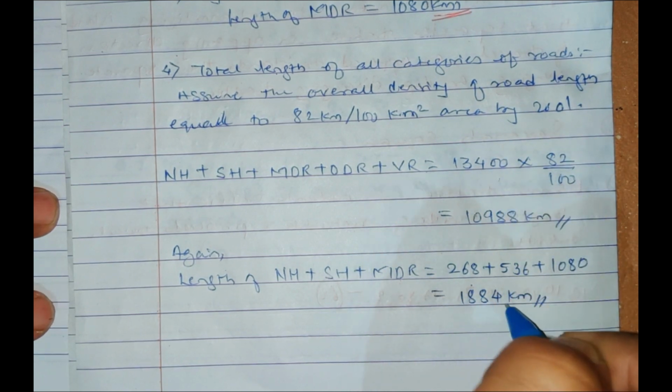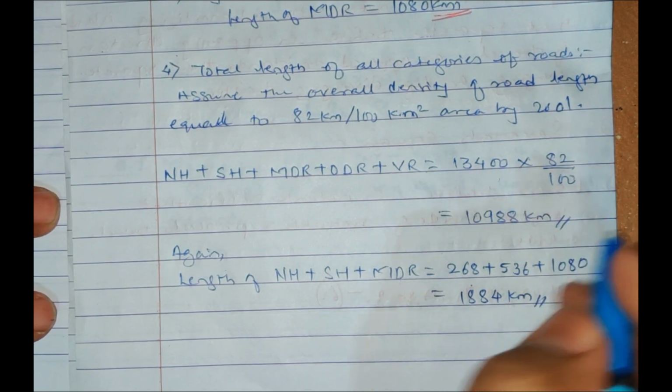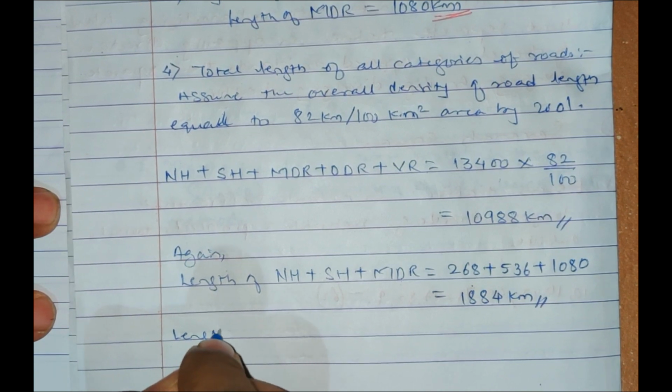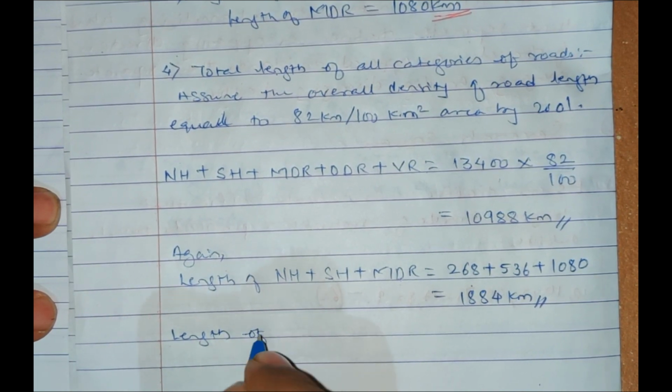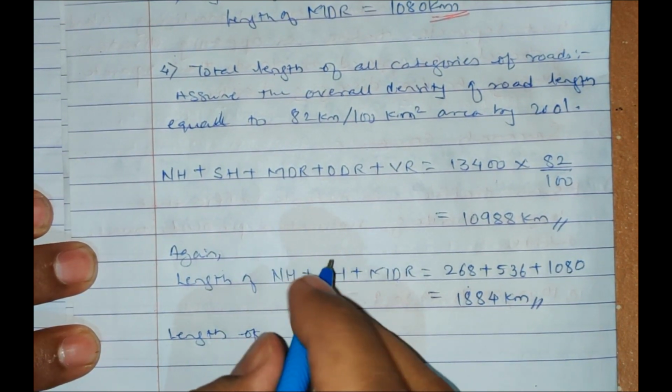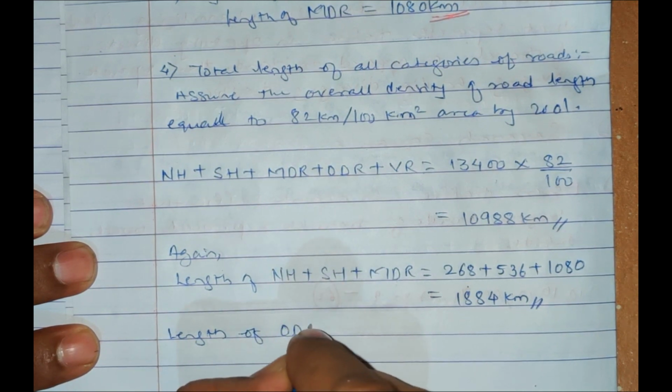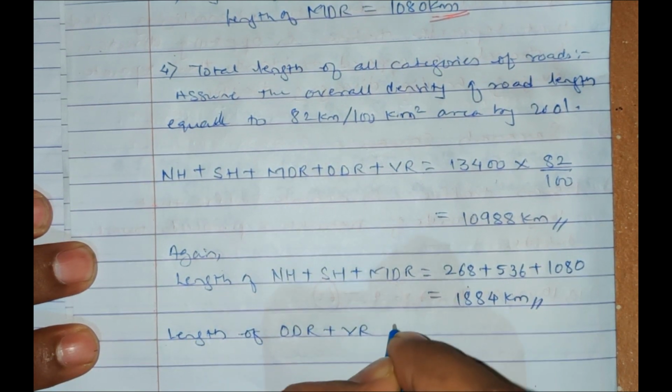Now here again we'll have to also calculate the length of Ordinary District Road plus the Village Roads.